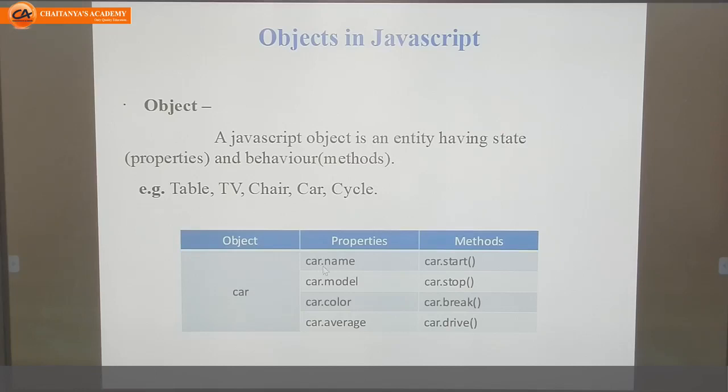Whenever we call properties, we do not use opening and closing brackets, but whenever we use methods, we need to use opening and closing brackets. The syntax to call properties and methods is: name of object dot name of that property, and to call a method, name of object dot name of that particular method with opening and closing brackets.